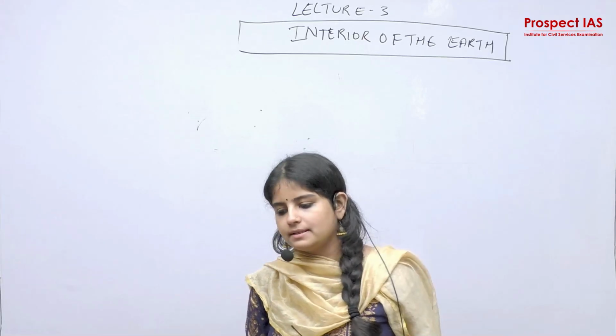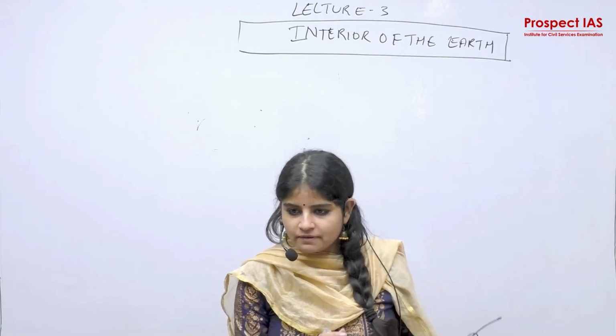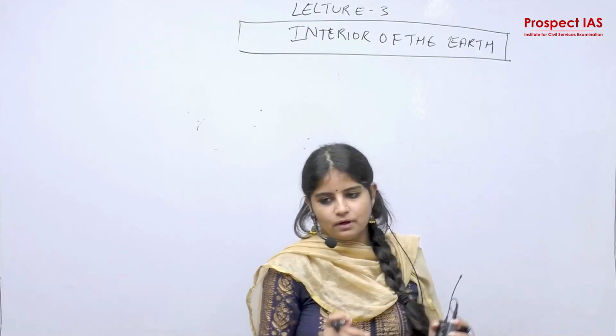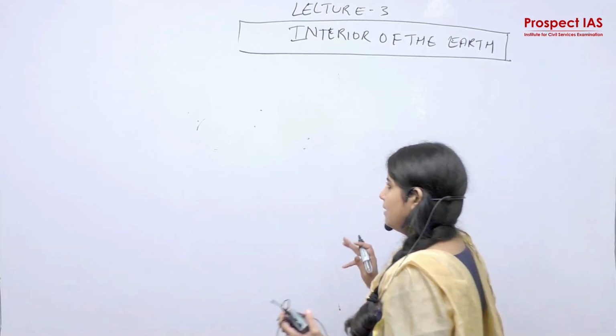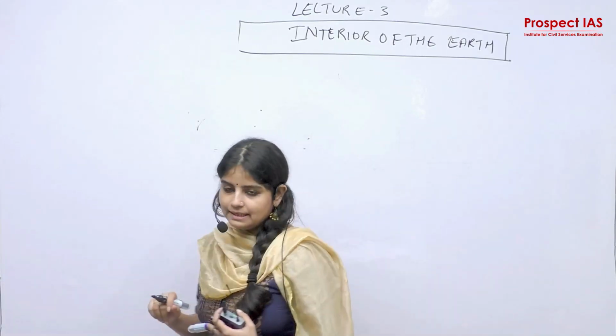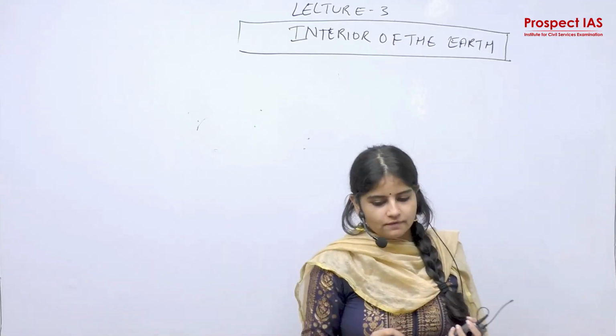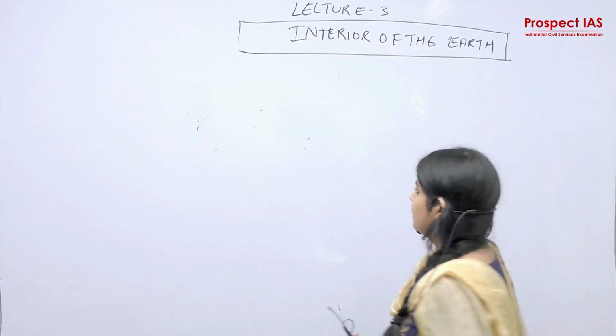We will be discussing some parts in relation to our first chapter, that was evolution of earth and formation of lithosphere, right? So lithosphere is the composition of crust and mantle.